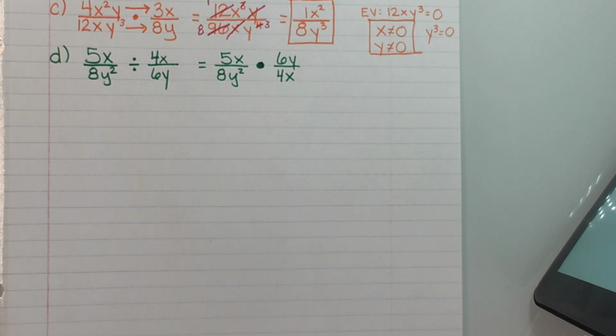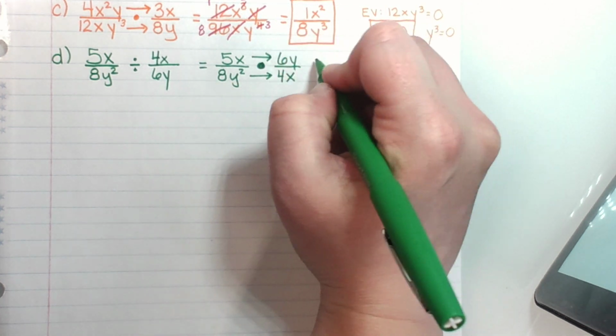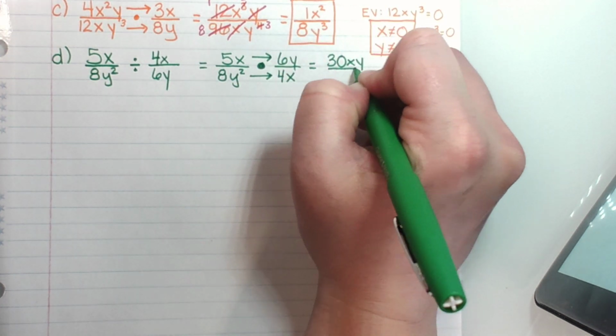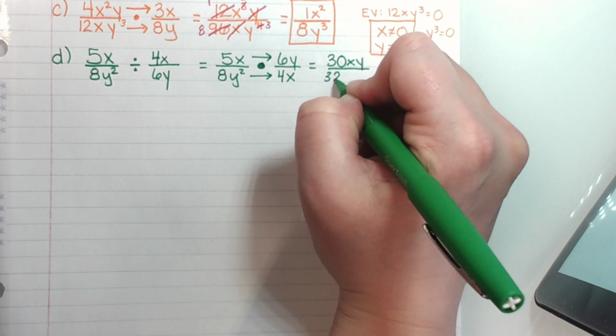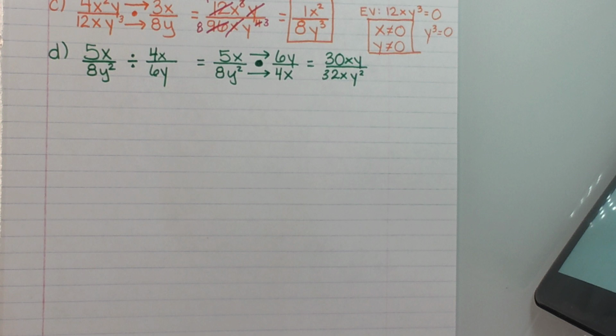Could I have factored any of this? No. No pluses or minuses again. 30xy over 32xy squared. 30 and 32, biggest thing they both divide by, 2.